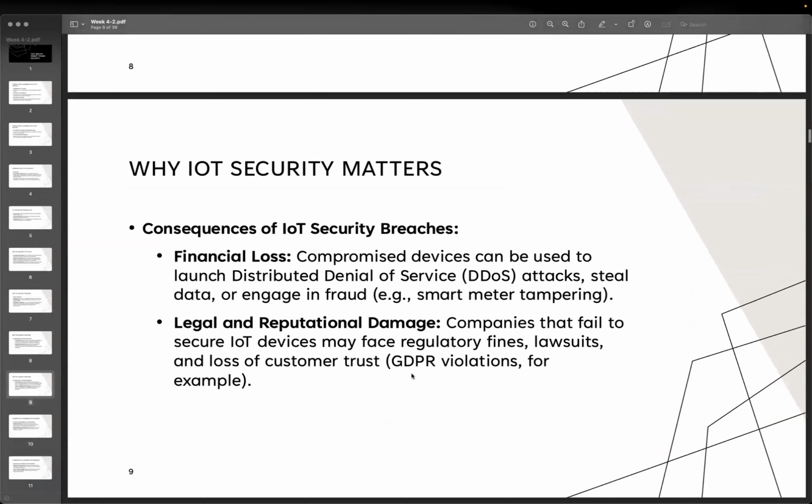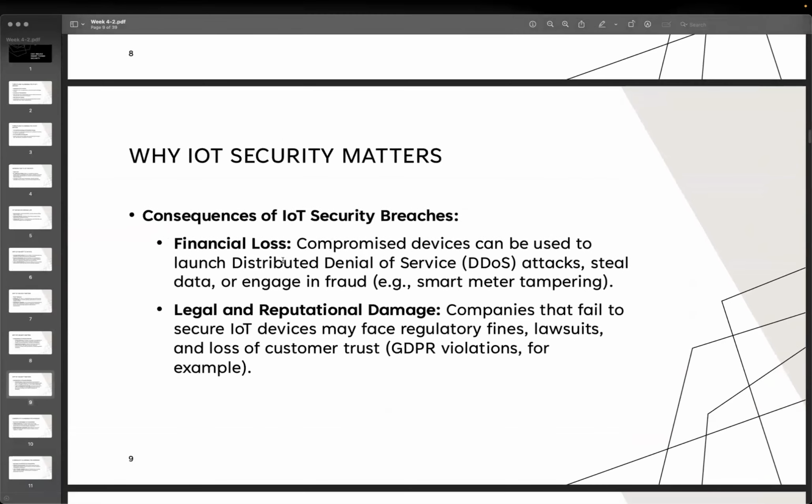Okay. And of course, there is financial loss, such as from DDoS attacks and data theft engaged in fraud. And then also legal or reputation damage: if they fail to secure IoT devices, they face regulatory fines, lawsuits, and loss of customer trust. Just imagine you bought a camera and it has a security issue.